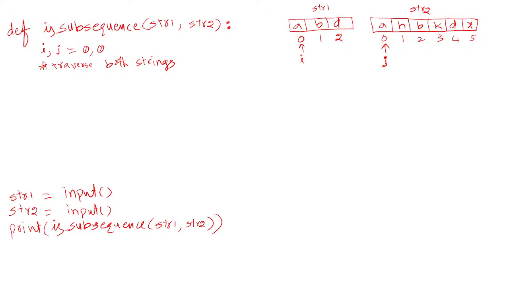Any one of them will be reached first, and if one is reached, you should stop traversing the other string. So you can use a simple while loop and check: while i is less than the length of string 1, using the length function, and j is less than the length of string 2.